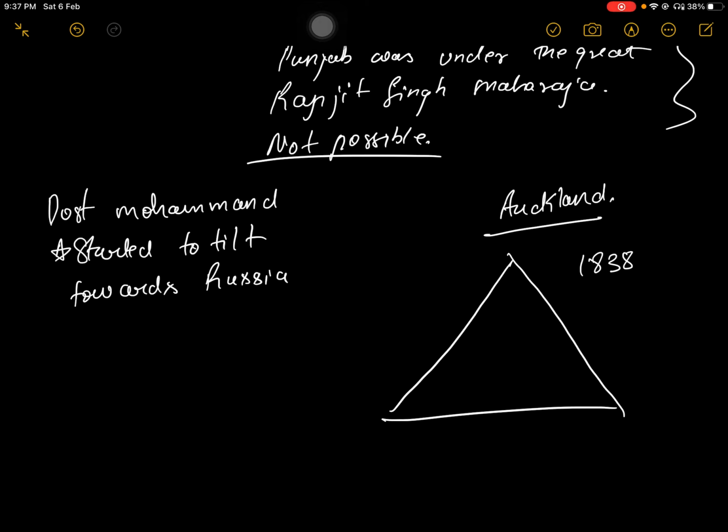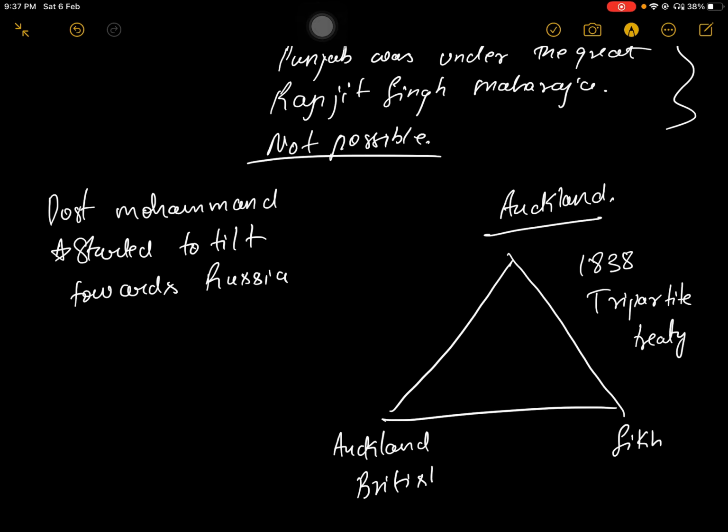So this is like three parties involved in this. One you took the Sikh, second of course Auckland himself, or I should say the British, and third is Shah Shuja.